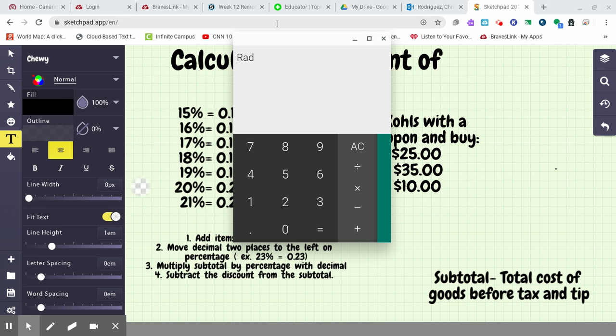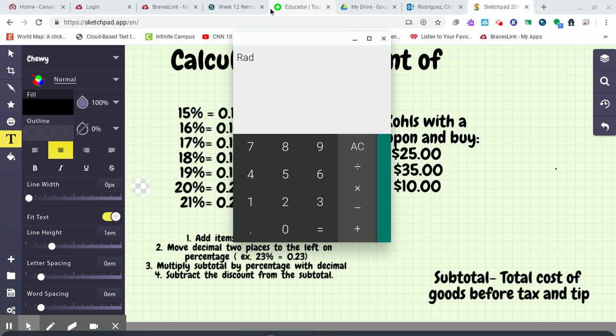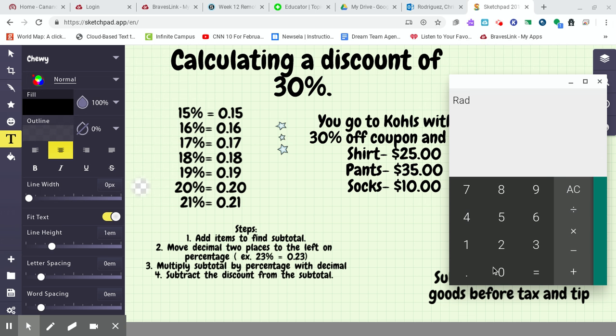So the first step is to add up the subtotal. I have 3 items. $25 shirt, so 25. For the subtotal, I'm adding all of them up, plus the $35 pants, plus the $10 socks.